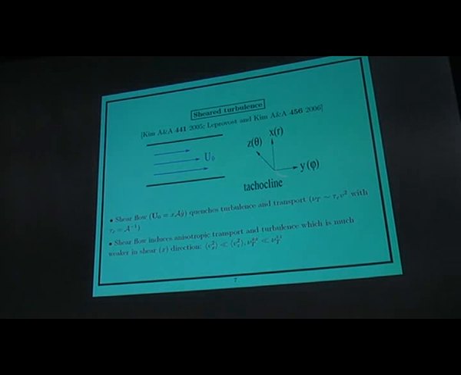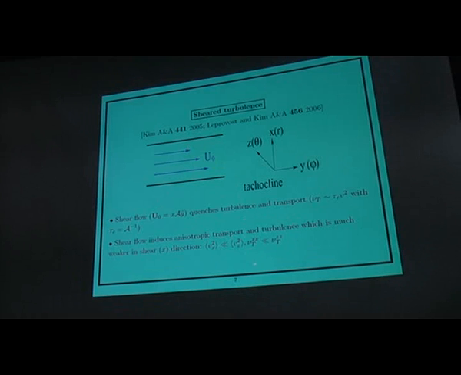For instance, in the tachocline, where you have a strong or smooth shear flow varying in the radial direction x, and we can assume the shear flow points in y, we then get the turbulence amplitude in the radial direction much weaker than in the other two directions.